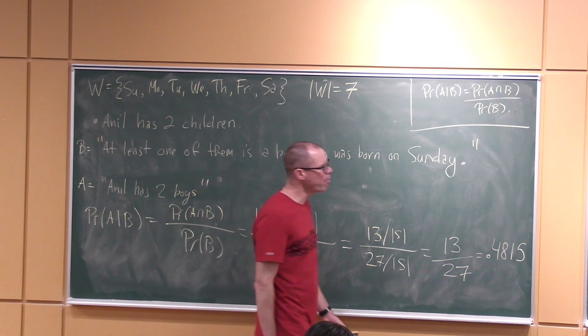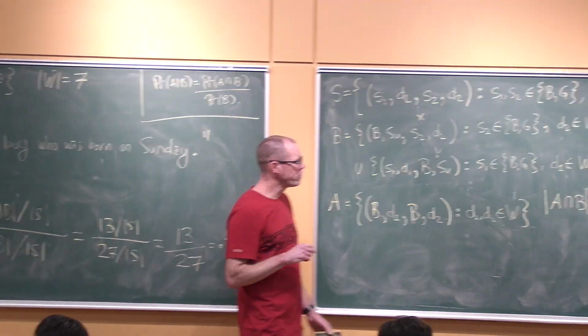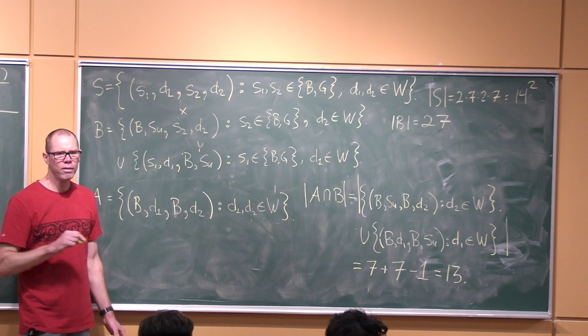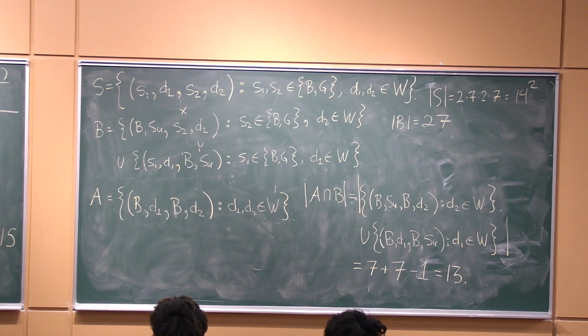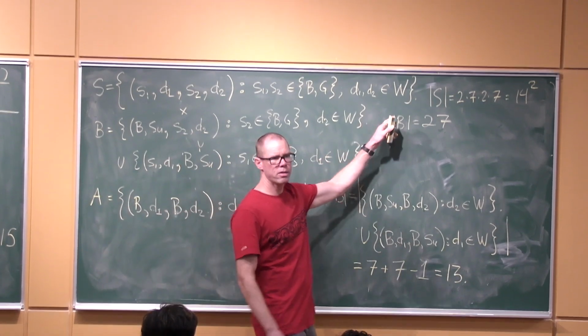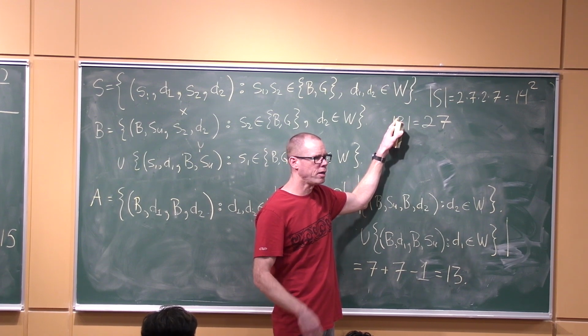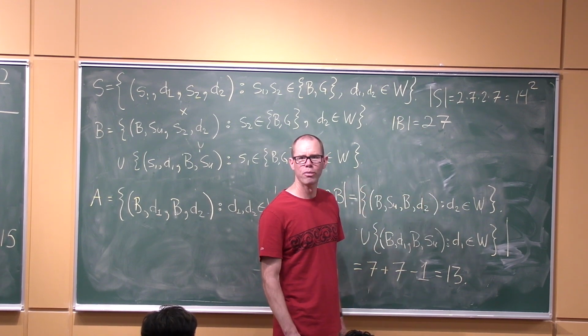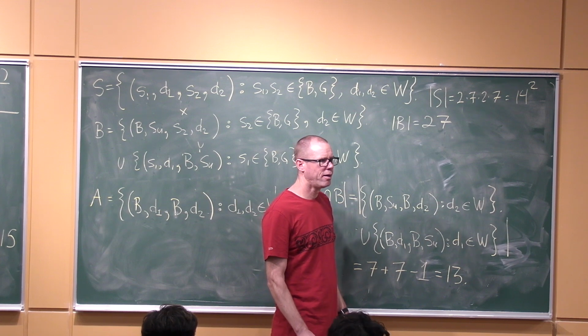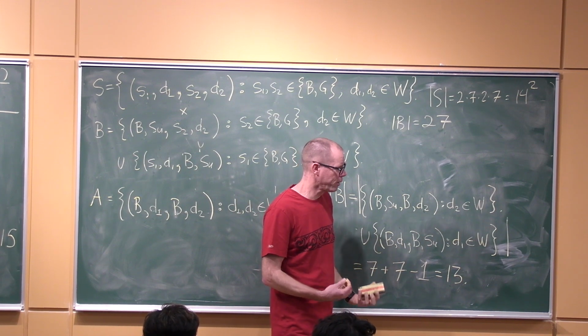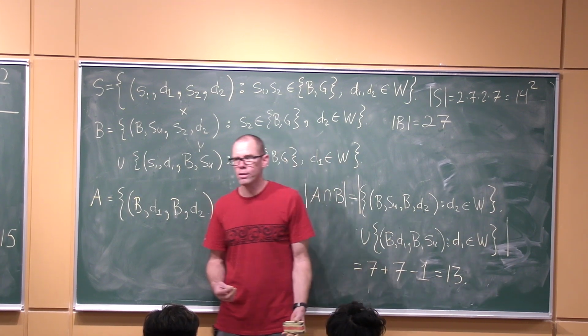If you go to the course webpage, under the notes for today, you'll see a link that shows you the set B of these 27 things, and there are stars beside the 13 of them that have both boys. But otherwise, I don't have a good explanation, other than this is the correct answer.